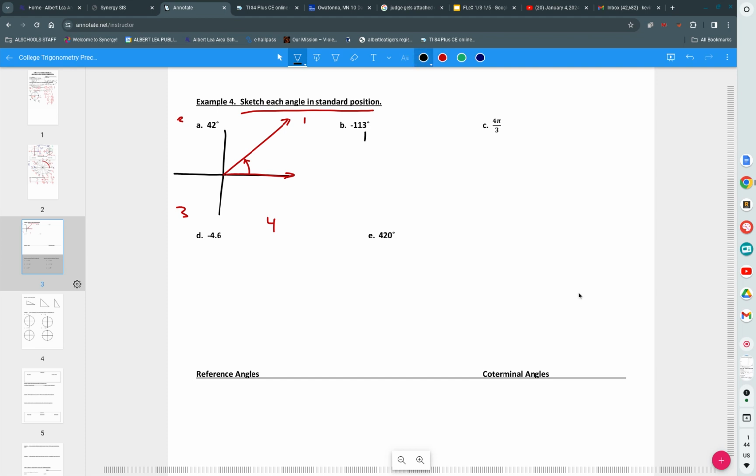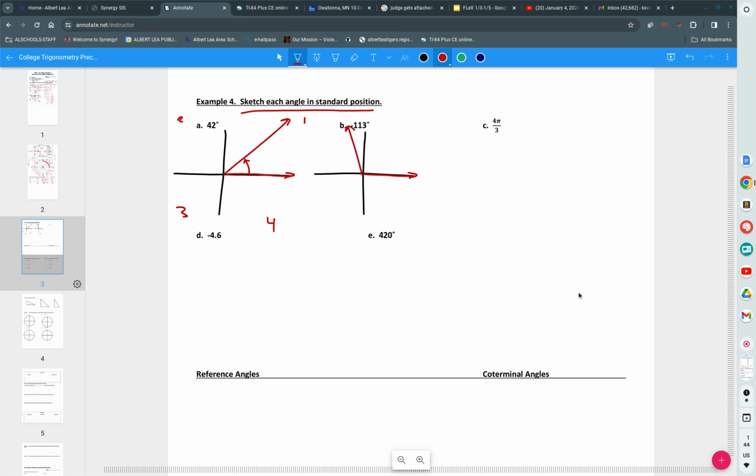So I'll continue to draw my XY axis. And I put the initial side right on the x-axis, the positive side. If it was positive 113, which quadrant would you end up in? 2. You'd end up in the second, right up here, right?